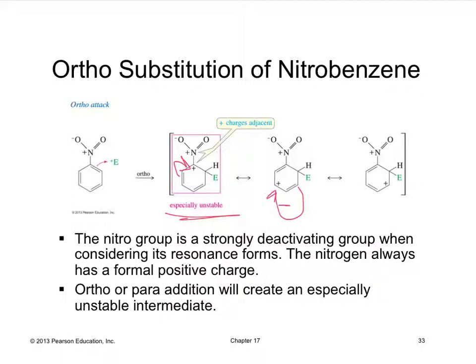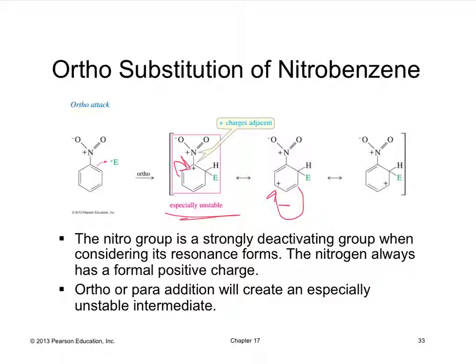So the nitro group is a deactivating group when we're considering resonance forms, and that has this formal positive charge, and you want to minimize the positive charge being next to one another.